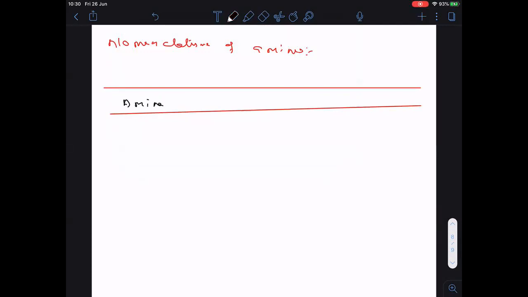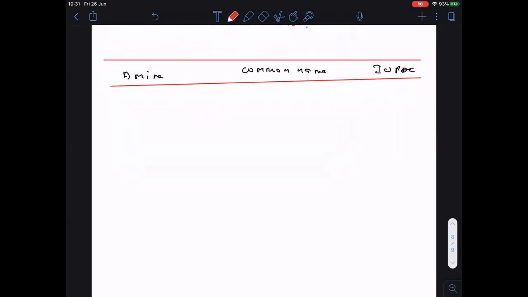Then here I want to take the common name. Then here I want to take the IUPAC name. First of all, amine, then common name, then IUPAC name. Now, how to name according to the common and IUPAC systems, that we are going to see.